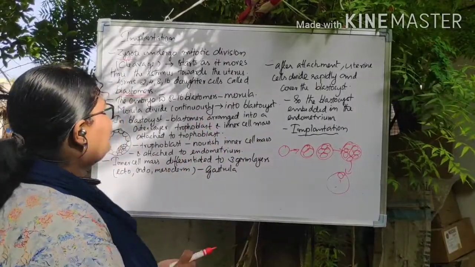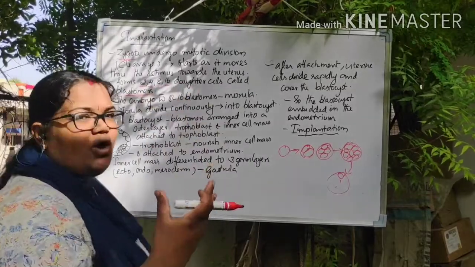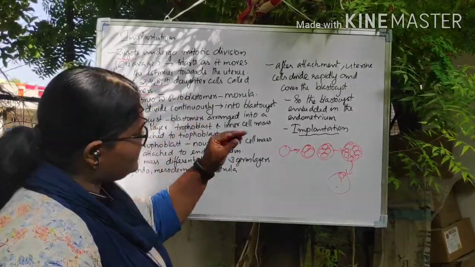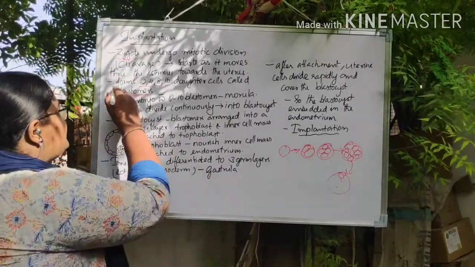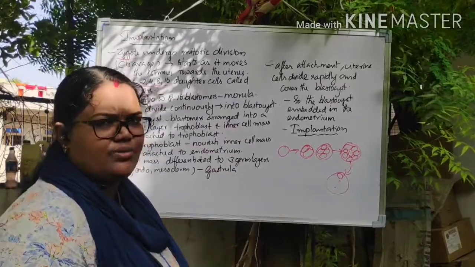First 2 will be formed, then 4, then 8, 16, like daughter cells will be formed, right. All these stages we simply call blastomeres, right.